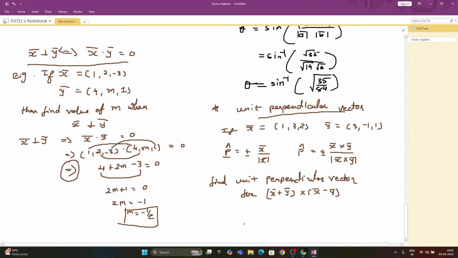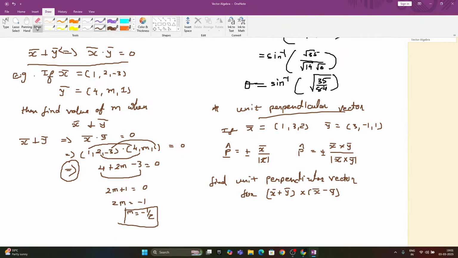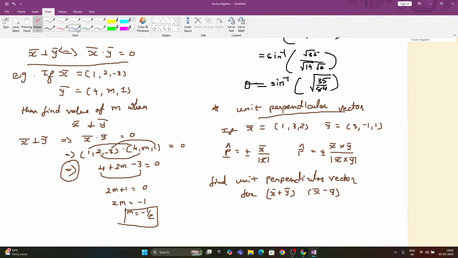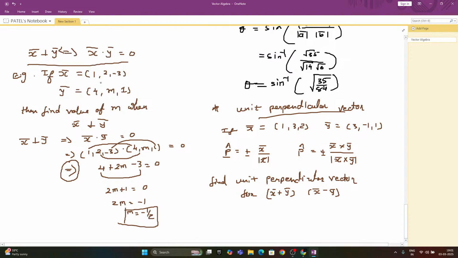Means we have to find the p hat between x bar plus y bar and x bar minus y bar.